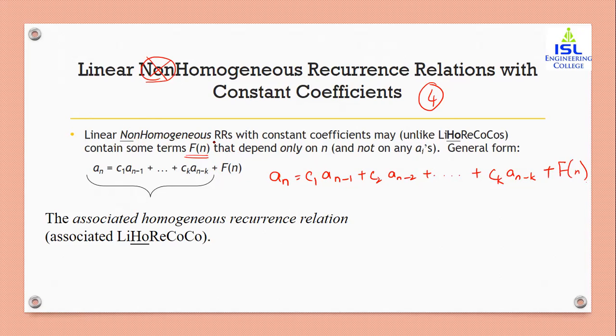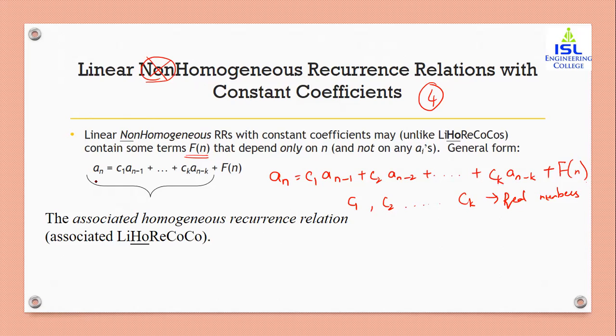Here c1, c2, and so on up to ck are all real numbers, as we studied for the linear homogeneous recurrence relation, and f of n is dependent only on n.